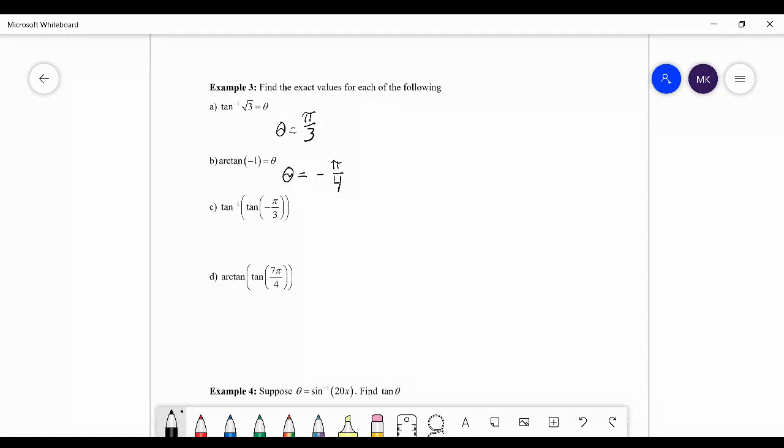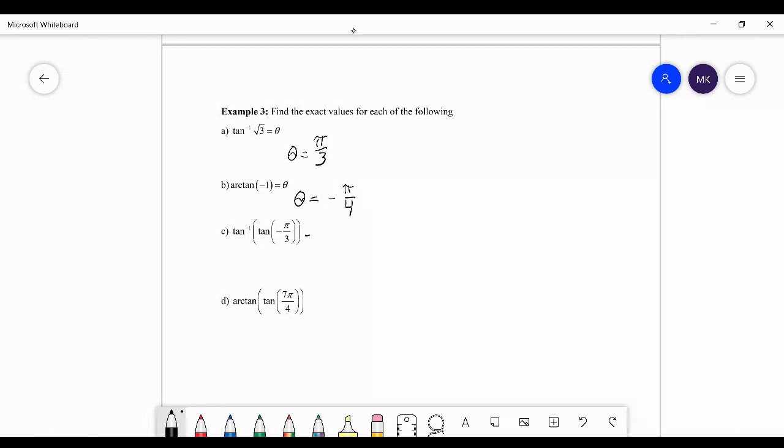So, part C, inverse tangent of negative pi over 3. Well, negative pi over 3 is between negative pi over 2 and pi over 2. Therefore, this just equals negative pi over 3, right? We could add in that negative pi over 2 is less than negative pi over 3 is less than pi over 2.